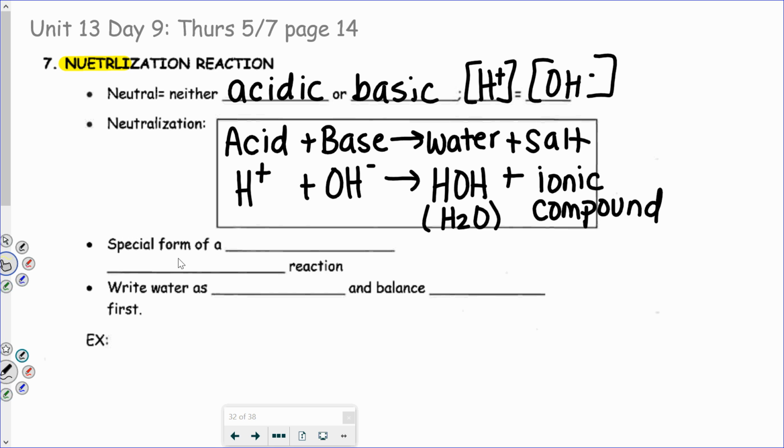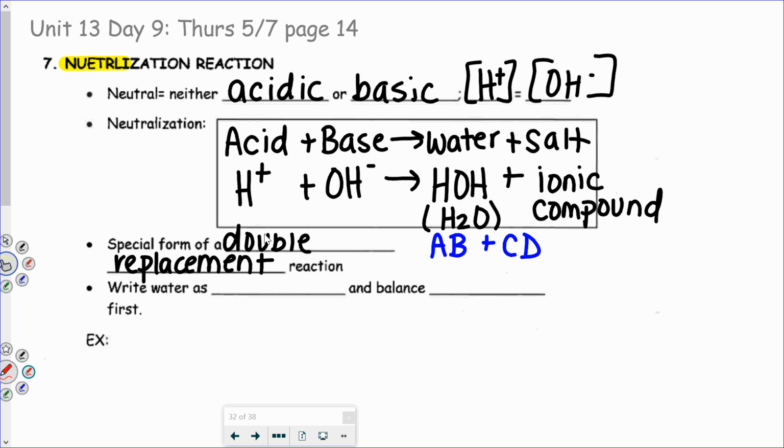So neutralization is a special form of a double replacement reaction. Now, we did double replacement reactions back in like Unit 6. So if you recall, a double replacement reaction is when you have a compound, let's say it's compound AB, and you have a different compound, CD.